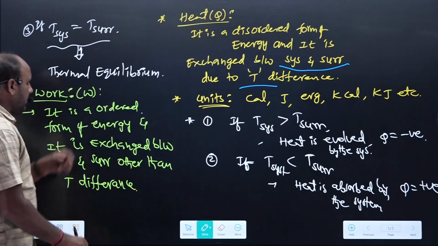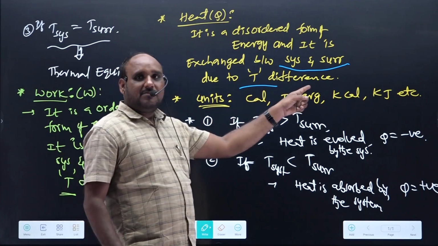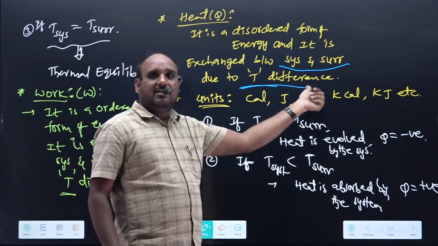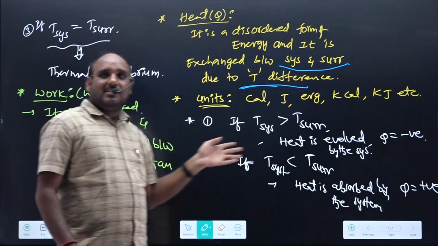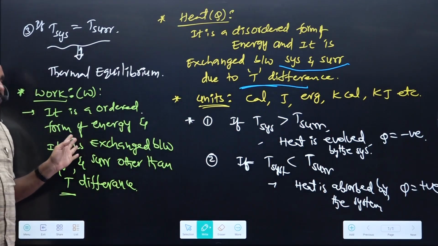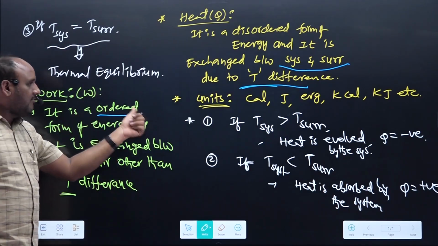What is meant by heat? Heat is due to temperature difference, right? Other than the temperature difference, all the remaining will be considered as what? Work. So work is an ordered form of energy. Work is what? Ordered form of energy.